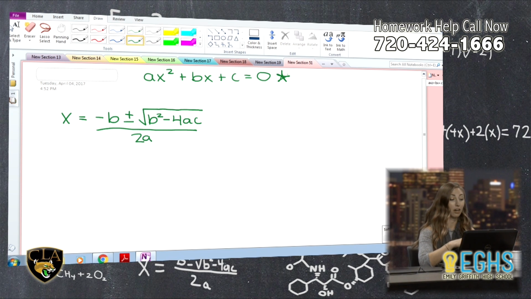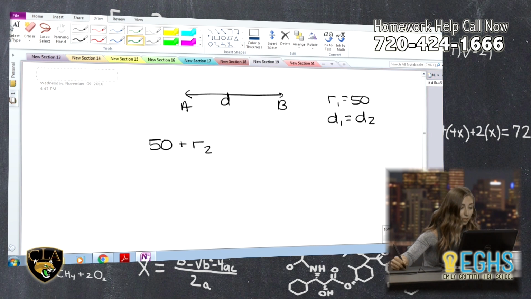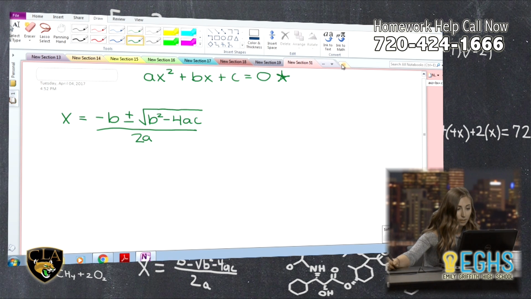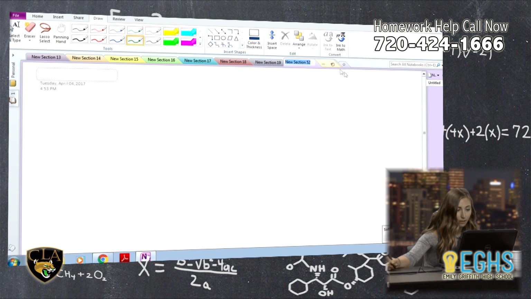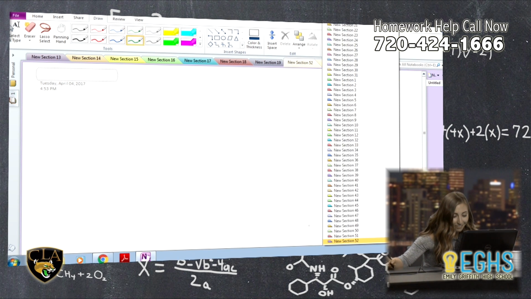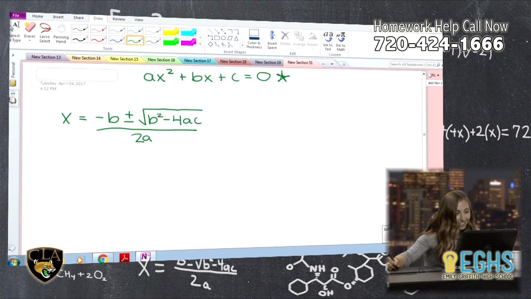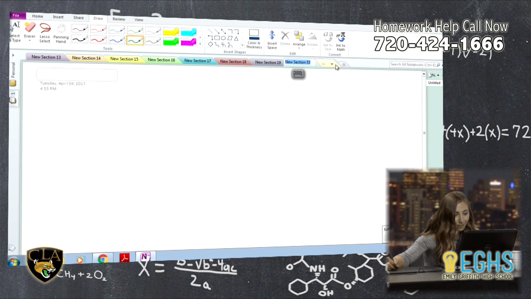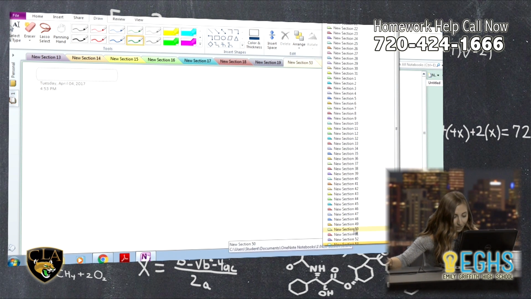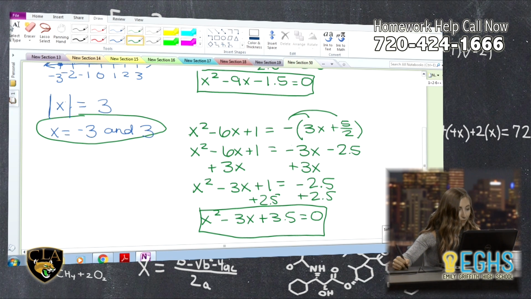Let's just plug in our coefficients a, b, and c, since somebody solved it for us. So back to, let's see if I can get there easily. We don't delete our stuff here. So I need to get to 50. So my first one was x squared minus 9x minus 1.5.